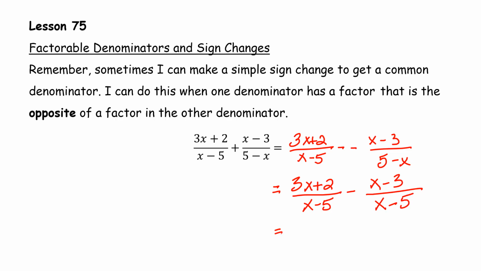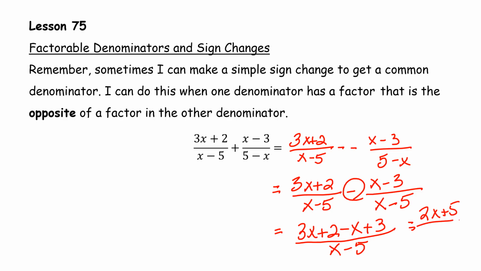And now we can just add that up. Remember to use the distributive property with this minus sign right here. You have to distribute it, minus x plus 3, and that's all over x minus 5, which is going to be 2x plus 5 over x minus 5. And please remember that you can't cancel the 5s. They are not factors. You can only cancel factors in a fraction.